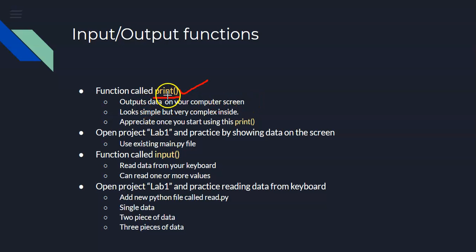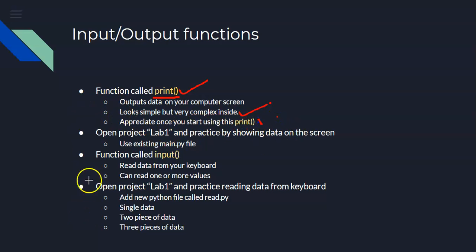The main purpose of the print function is to output data on your computer screen. At this moment, think that print can only output to a computer screen. This function looks very simple, but is very complex inside. That's just information, you don't have to go more into this now, and you will start appreciating the print function only when you start using it.